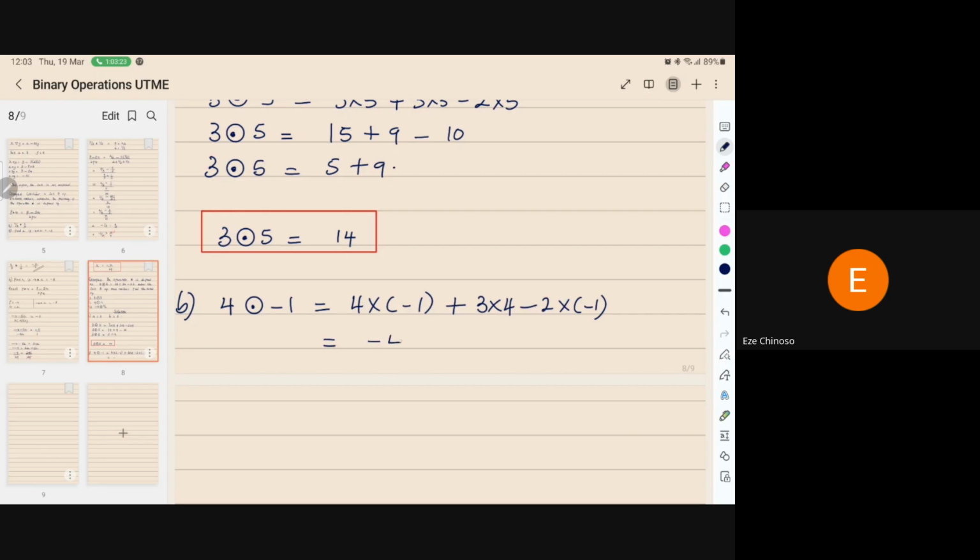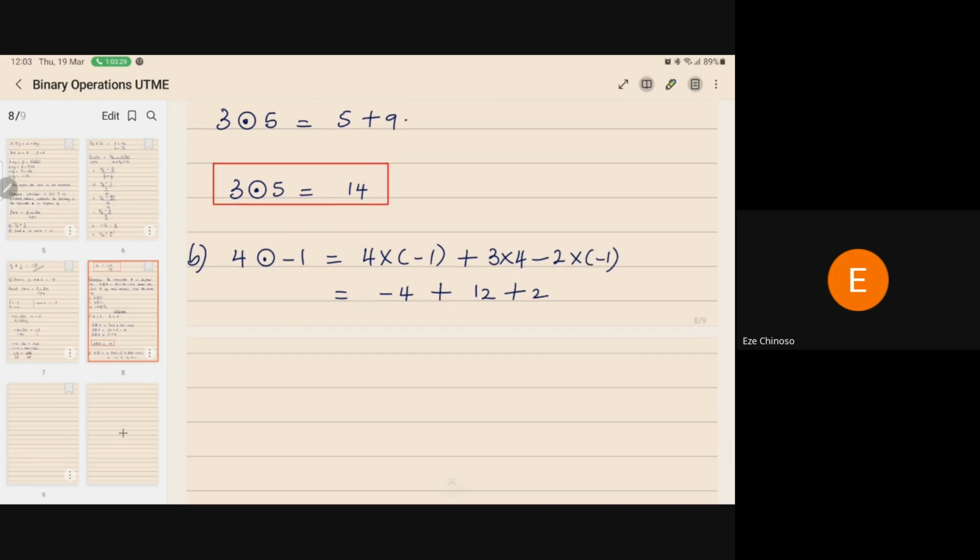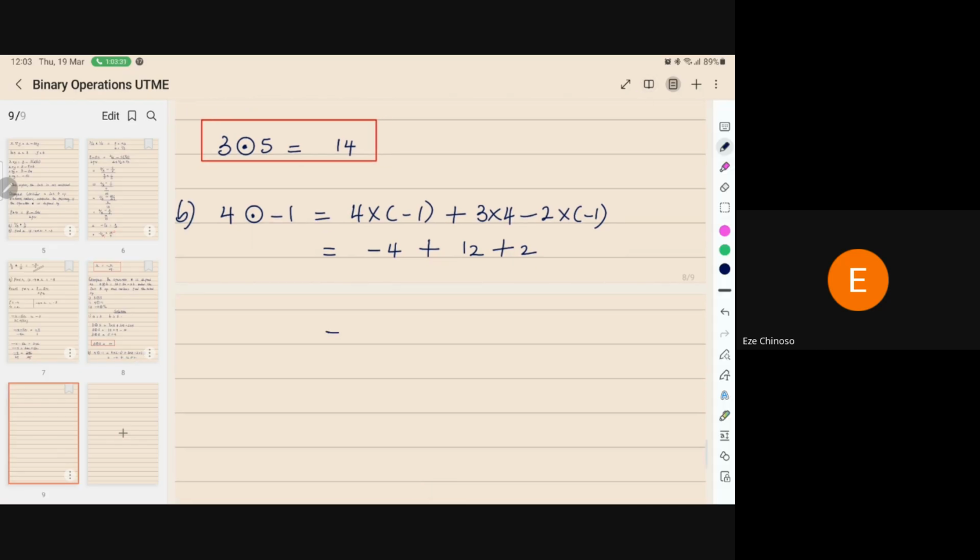Here will give me negative 4 plus 12. Minus times minus is plus, so plus 2. So this will give us negative 4 plus 14. This means that this operation, 4 asterisk minus 1, will be equal to 10.